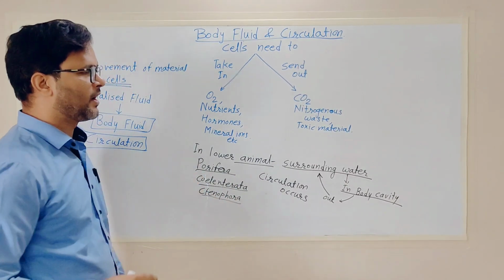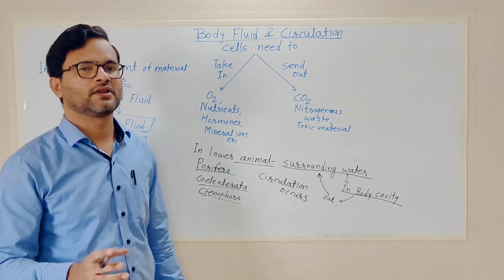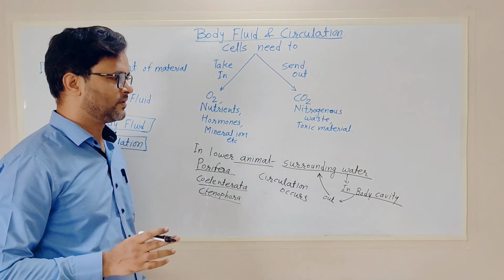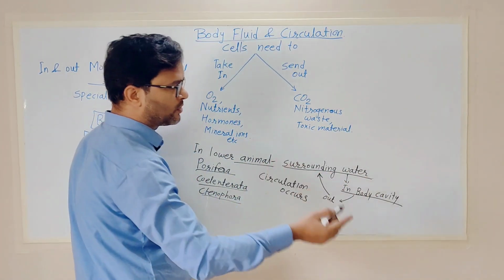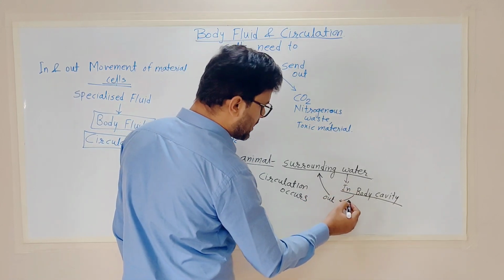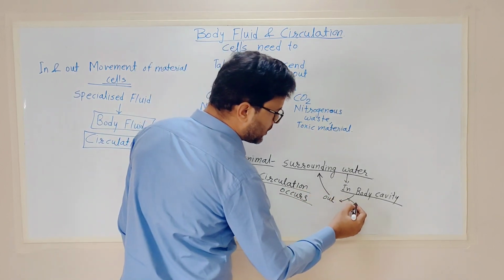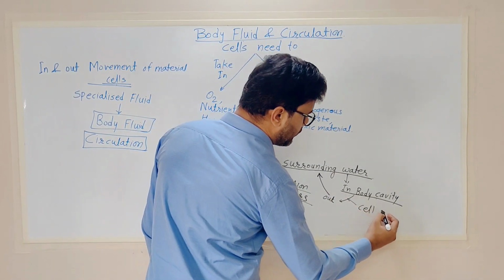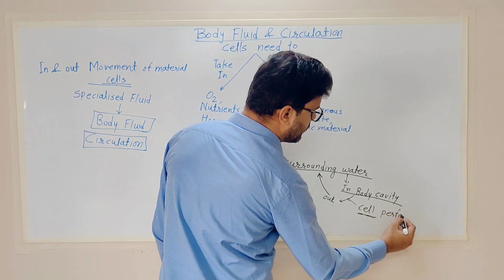So they do not have a complete system or complete organs. So they perform with the help of cells. The surrounding water goes into the body cavity and it comes out. During that process circulation occurs, and during that process cells perform diffusion.